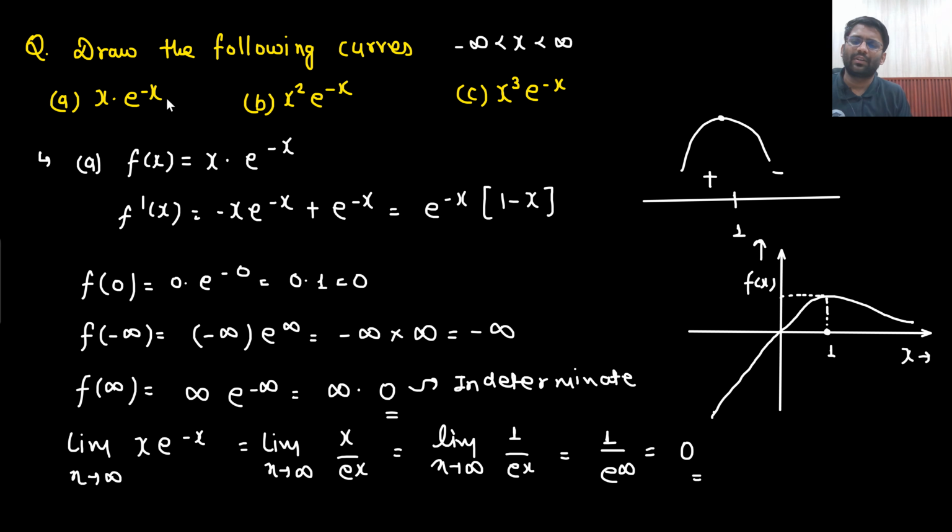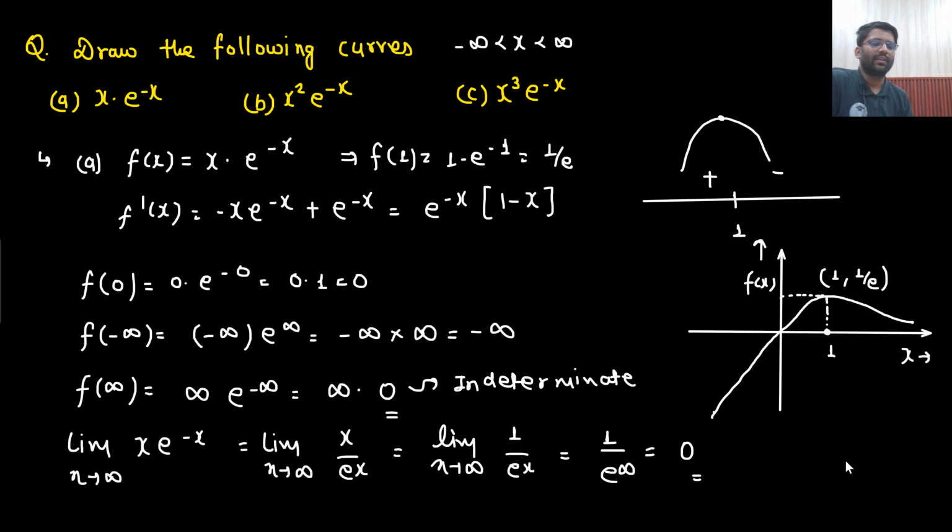At x equals 1, what is the value we are getting? 1 by e. At x equals 1, the value we are getting is 1 by e. You can put x equals 1 here. What is the value of f of 1? F of 1 is 1 by e. Okay, well and good. This is how the graph would go. Starting from minus infinity, and this is how it is going down.